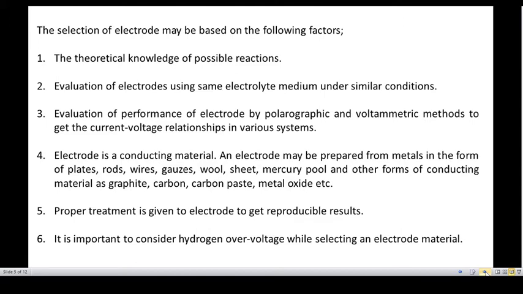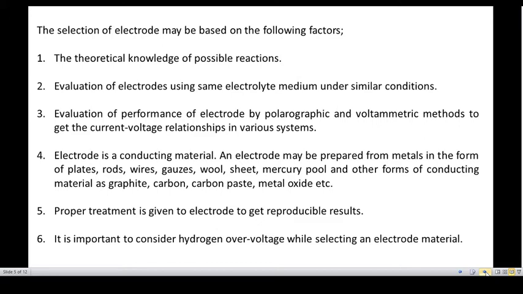Once you select the electrode, you perform voltammetric or polarographic studies to get the current voltage, or IV, relationship for that reaction on the selected electrode.